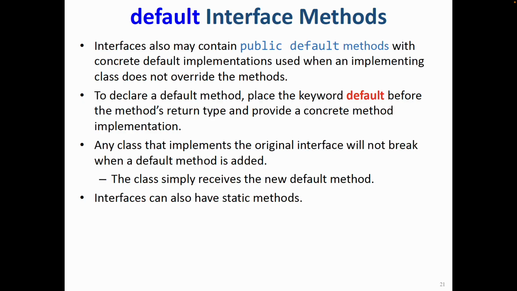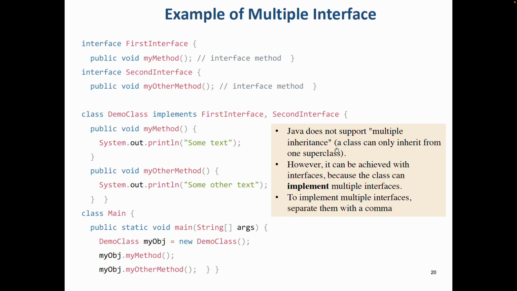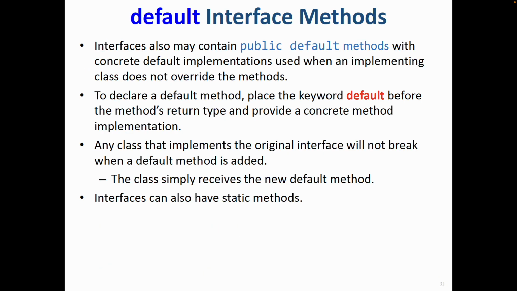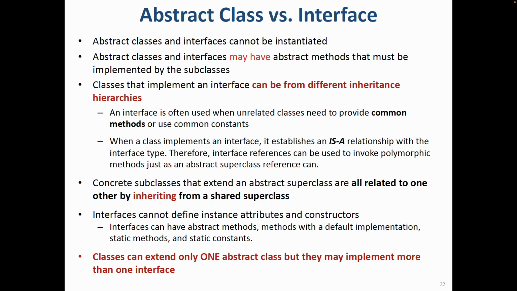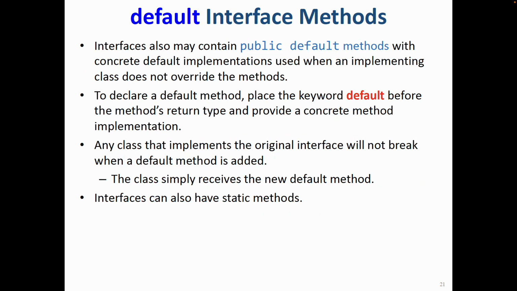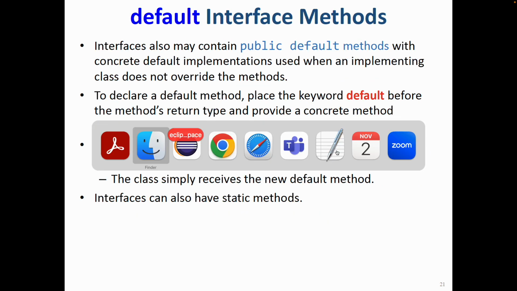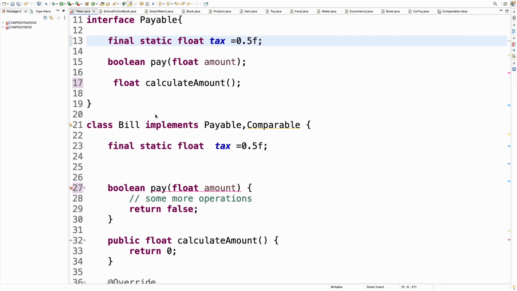This is called default methods. For that, we have to use the keyword default in the definition, and then we will implement that function. I will show it through the program also.